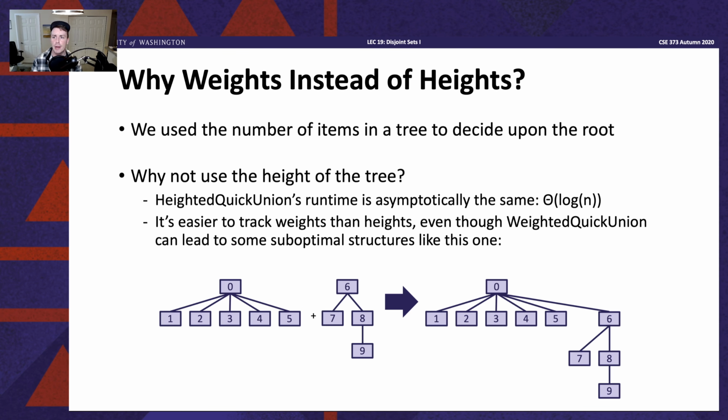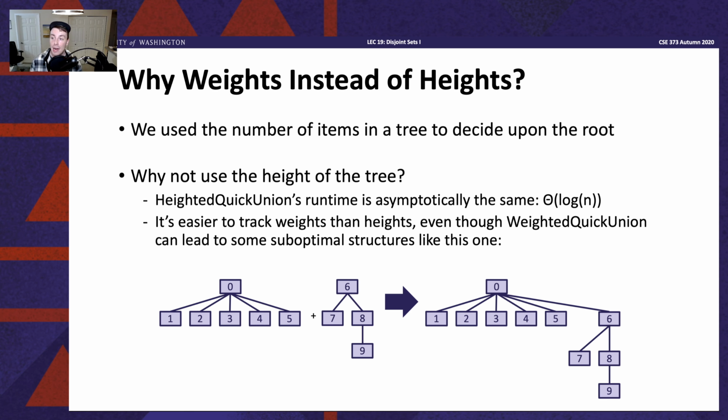So you might be wondering, why are we using the weights, the number of nodes, rather than the heights? We use the number of items in a tree to decide which root we're going to use. We could use the height if we did some kind of heighted quick union. Asymptotically, it would end up having the same height.